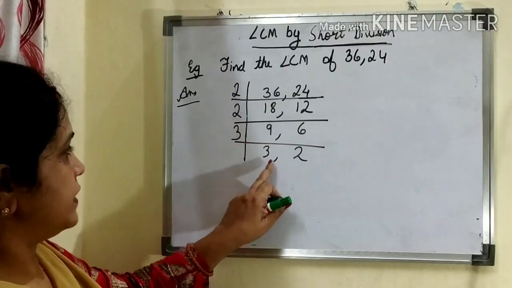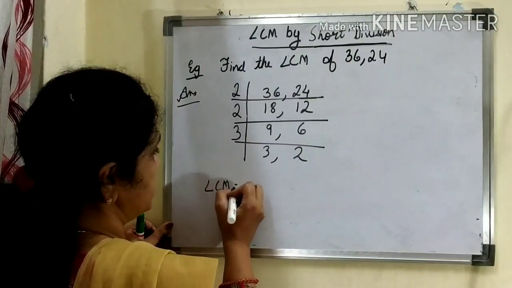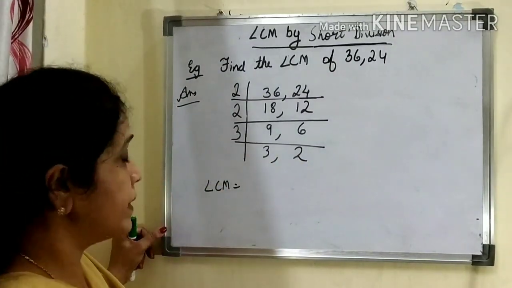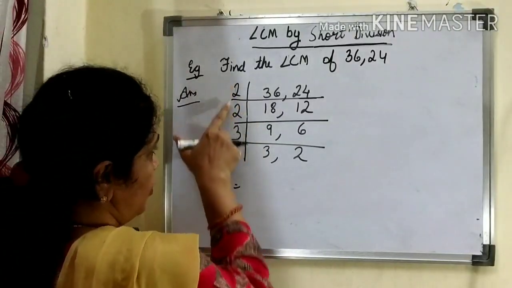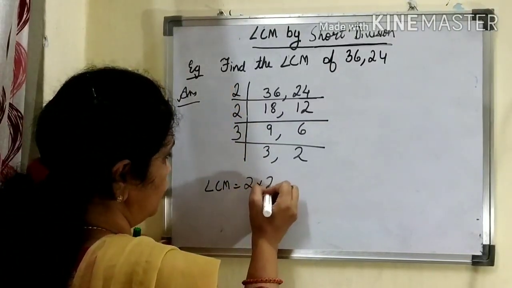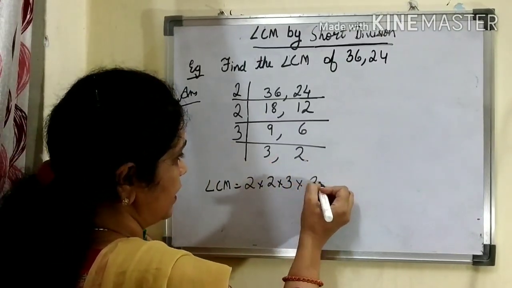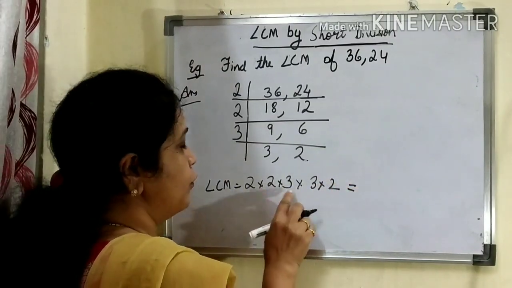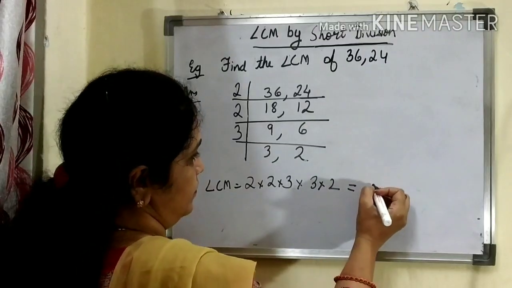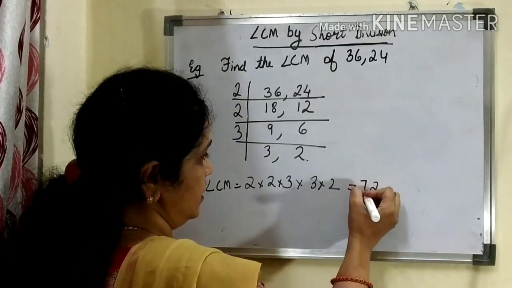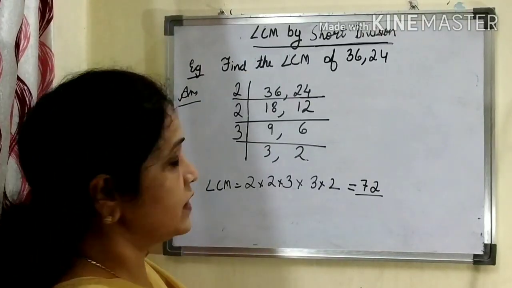Either you leave it here, because 3 and 2 are not divisible by any common prime factor, and find the LCM in this way: you multiply the product of the common factors, that is 2 into 2 into 3, and the leftover remaining numbers. 2 2s are 4, 4 3s are 12, 12 3s are 36, 36 2s are 72. So I got the LCM as 72.